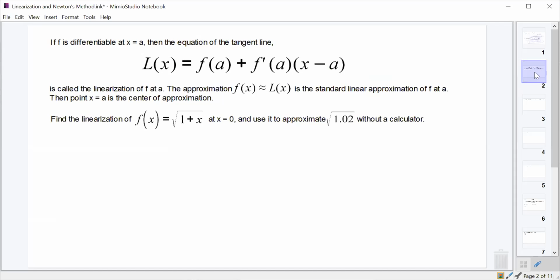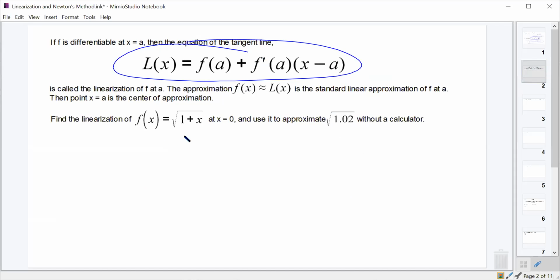So we're going to use it for something like approximating what the square root of 1.02 is, right? Because we know that 1.02 is very close to 1. If we were to use the tangent line to approximate the square root of this on a very small interval, it's very easy to figure out what this linearization equation is.